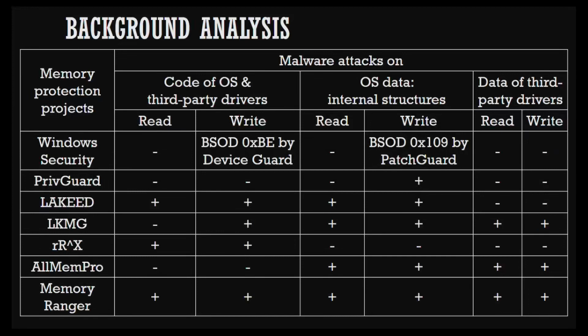Not bad. The second one is PatchGuard, which crashes the OS after revealing some changes of internal structures, for example, eProcess unlinking. But you've just seen that PatchGuard doesn't protect eProcess structures completely. Finally, Windows Security does not protect memory allocated by third-party drivers.